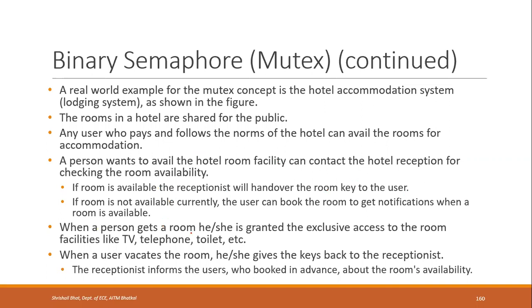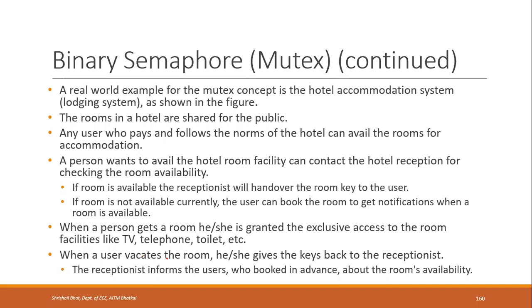When a person gets a room, he or she is granted exclusive access to the room facilities like TV, telephone, toilet, etc. That means only the person occupying the room will have access to those things. It will not be shared with different people because all these things are inside that room. When a user vacates the room, he or she gives the keys back to the receptionist. Then the receptionist will inform the users who had booked in advance about the room's availability.